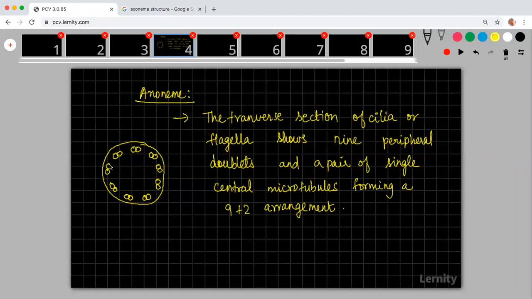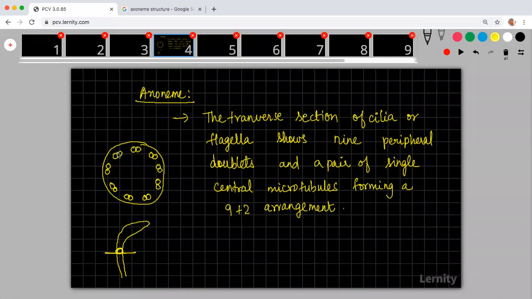Like this, you will see 9 microtubules in the periphery. If you cut a cilia in the cross section this way, you will see this kind of arrangement.